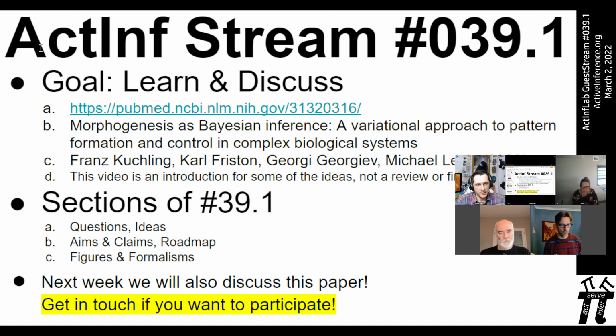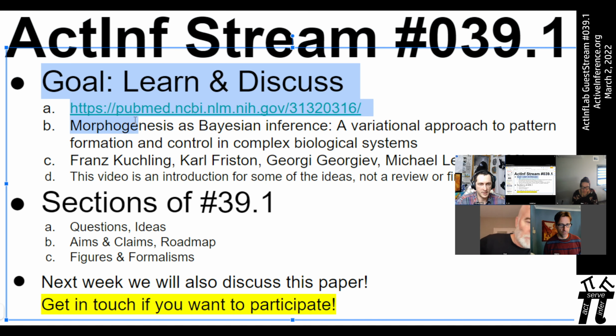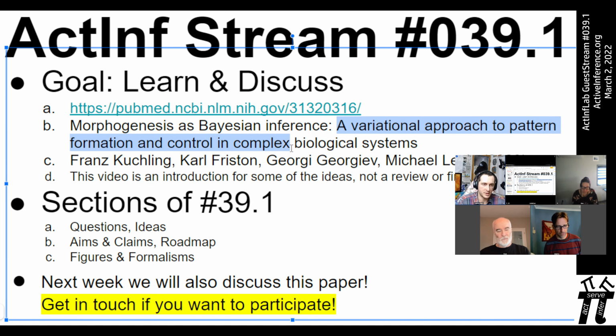We're here in ActInf stream number 39.1, and we are learning and discussing this paper, Morphogenesis as Bayesian Inference, a variational approach to pattern formation and control in complex biological systems, by Kuchling, Friston, Georgiev, and Levin from 2020.